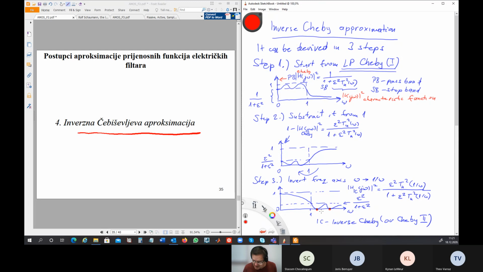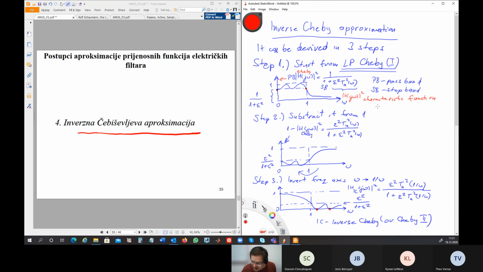So these zeros lower than infinity make problems if you want to realize them, if you don't use proper circuitry. So this is one thing. Butterworth and normal Chebyshev don't have such zeros. They have all the zeros at infinity or at zero. But here are zeros lower than infinity. Of course, how do we find this value here?